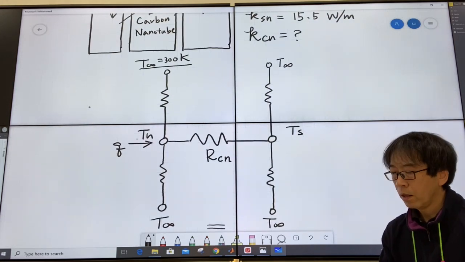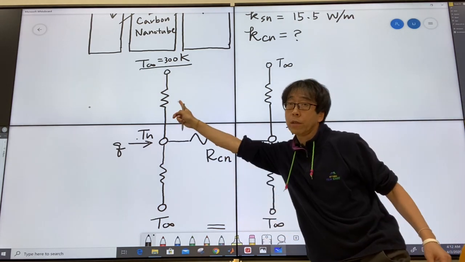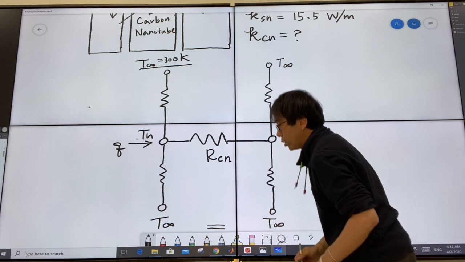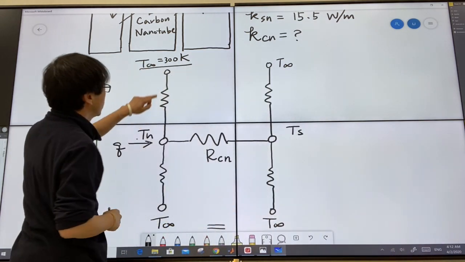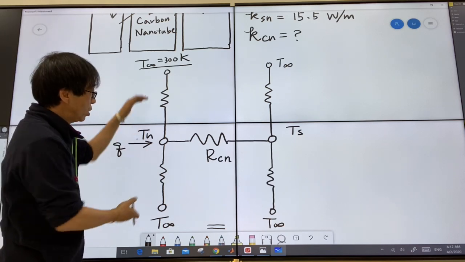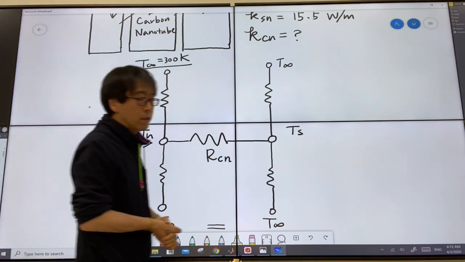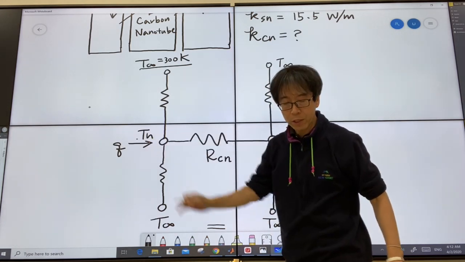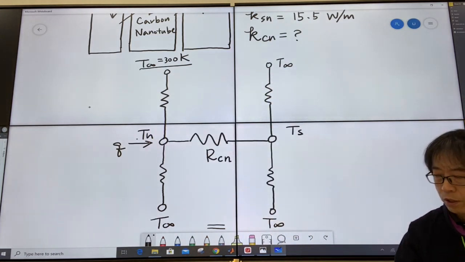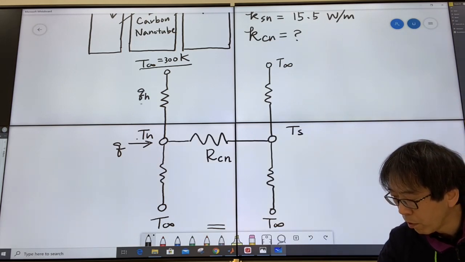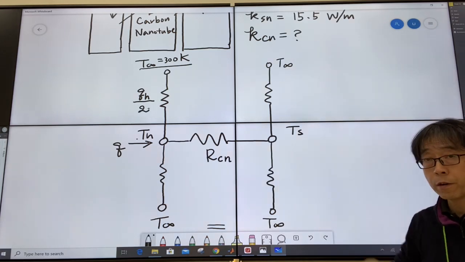And through this support, there will be heat conducted to the outside, and the other heat will be conducted outside. If you put them together, let's say it will be the heat conducted outside at the high temperature side. So the heat conducted to the upper area will be half of the total heat conducted at the high temperature area.